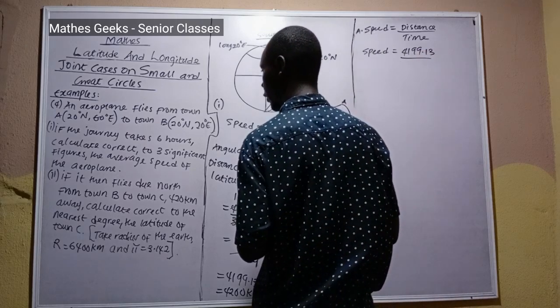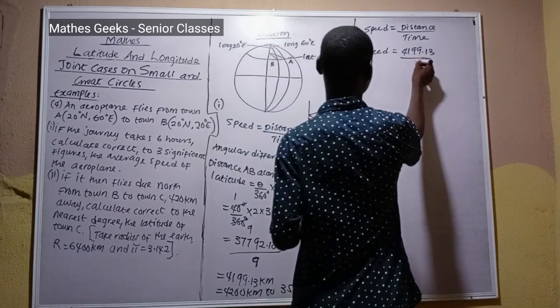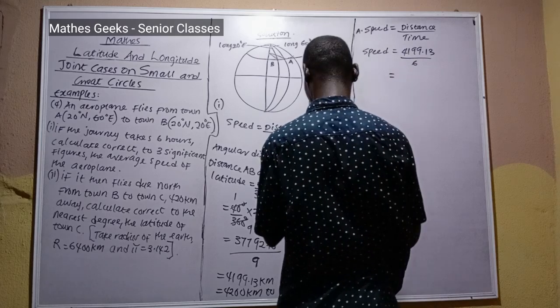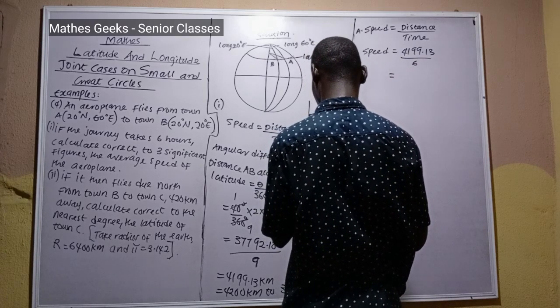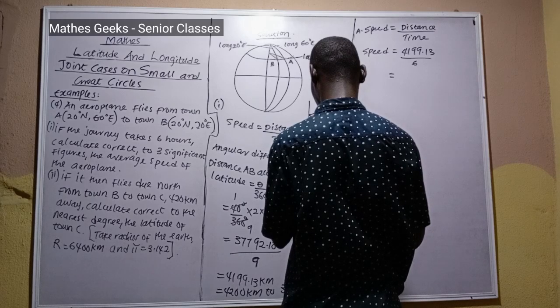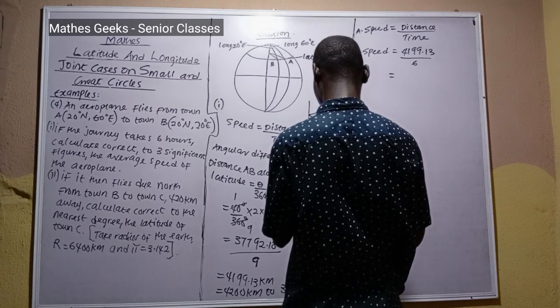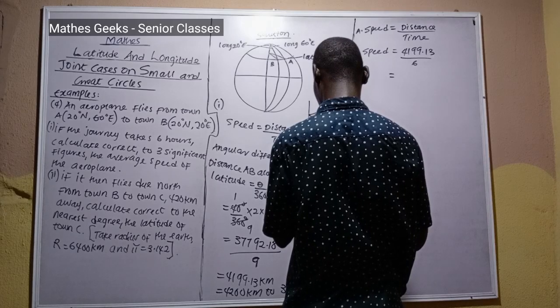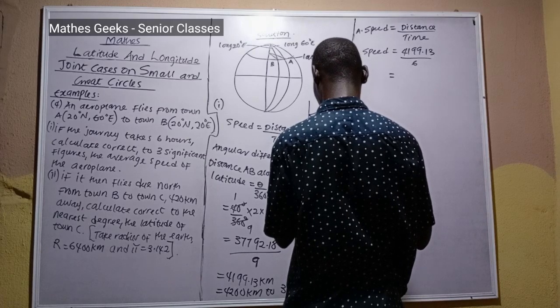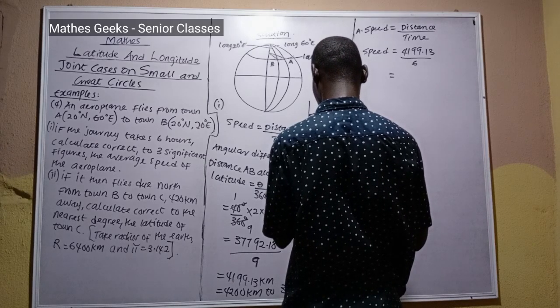The time taken is 6 hours. So 4199.13 divided by 6.